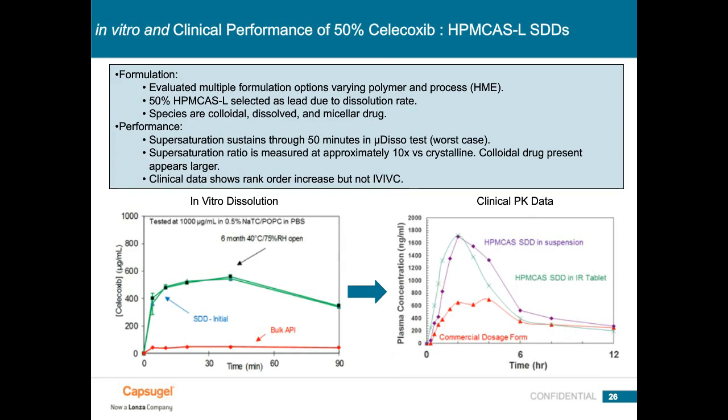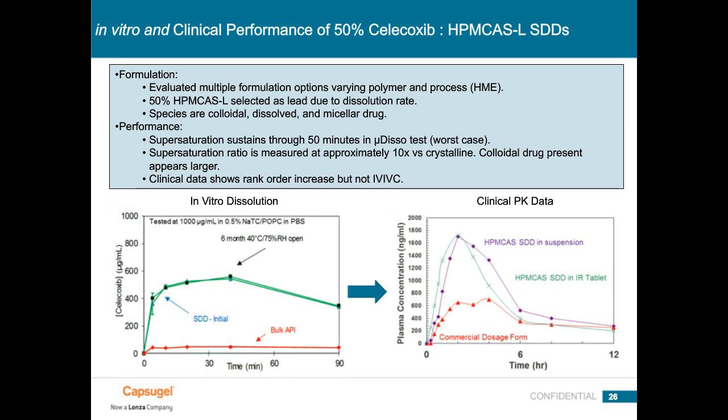So here is a summary of some of the in vitro dissolution data of an optimized solid dosage form at 50% loading. So actually pretty high loading for a solid dosage, or for a spray-dried dispersion. On the left is the in vitro dissolution data.